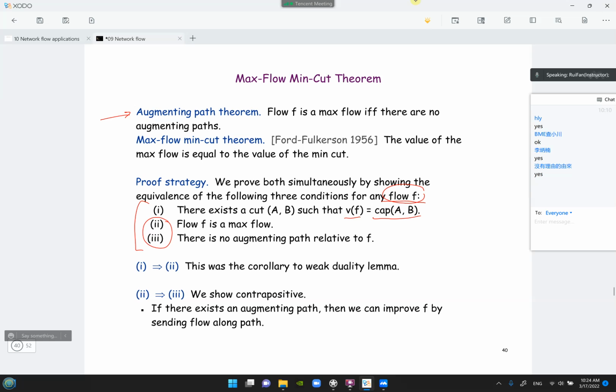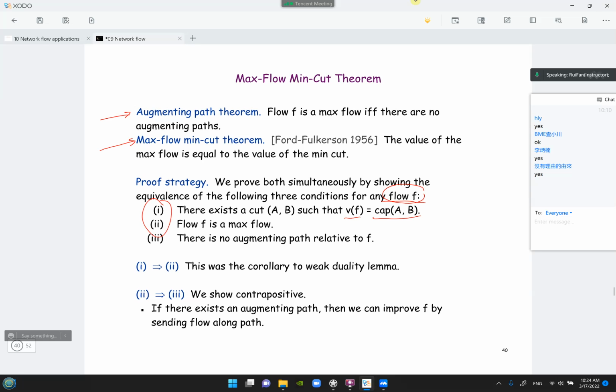And for the max flow min cut theorem, if we show that statements 1 and 2 are equivalent, then we're saying that if you have a maximum flow, there is a cut with exactly this capacity.